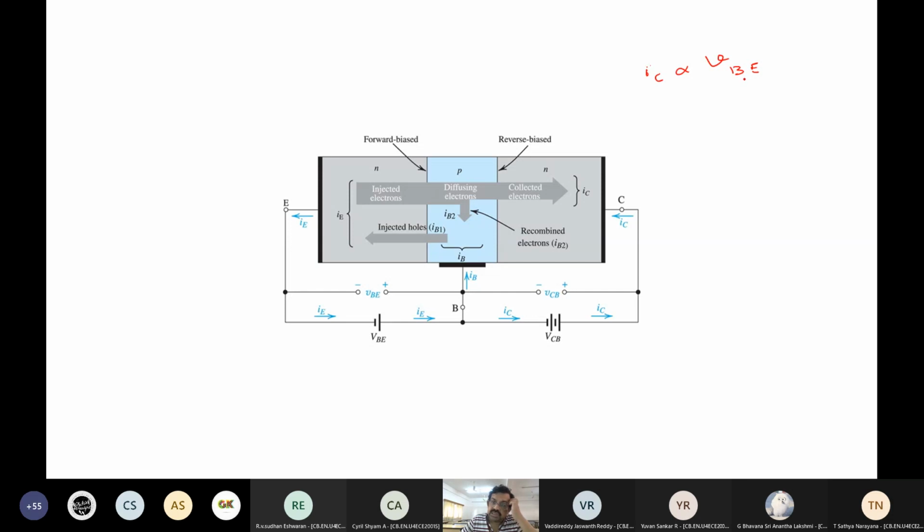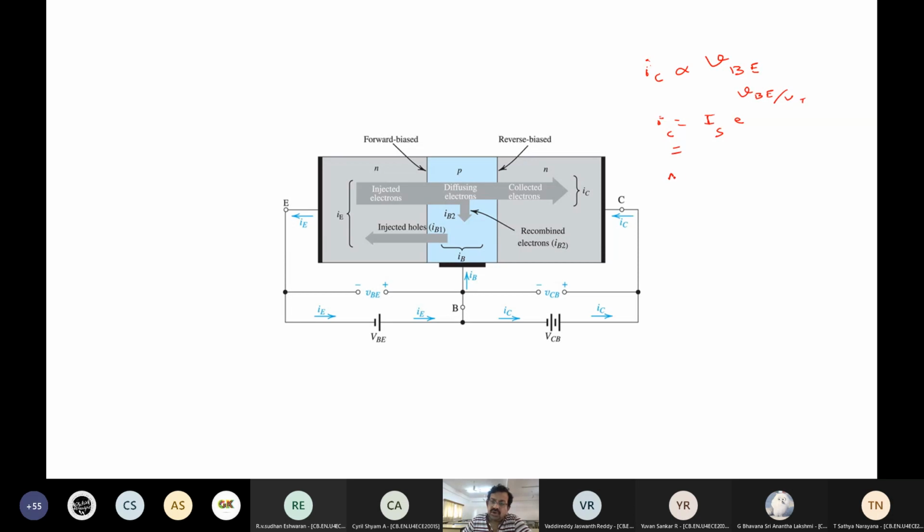The forward bias voltage decides the magnitude of the collector current, and IC, which is the very important current that tells the successful operation of the transistor, is equal to IS e power VBE by VT.